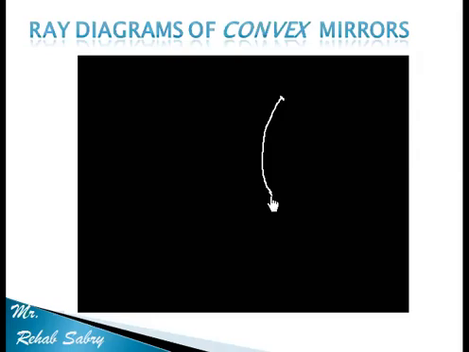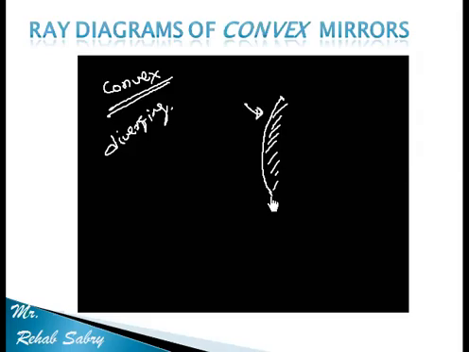Convex means diverging. So here, this is the reflecting surface.